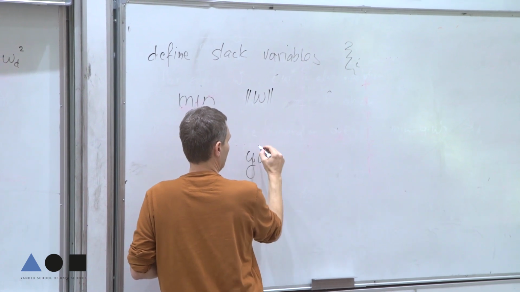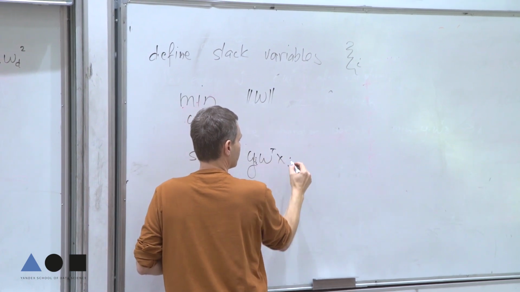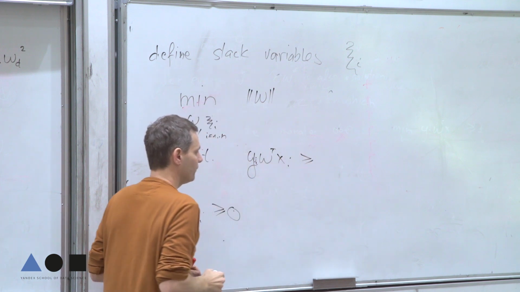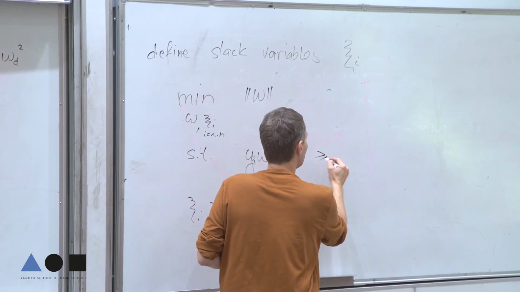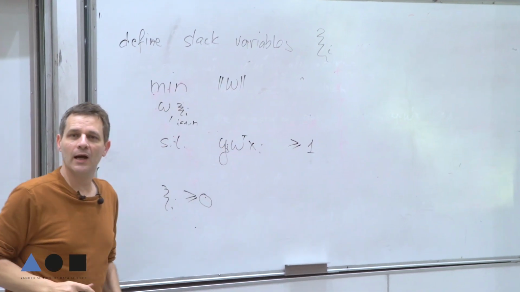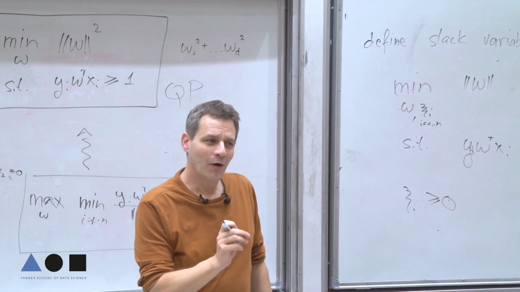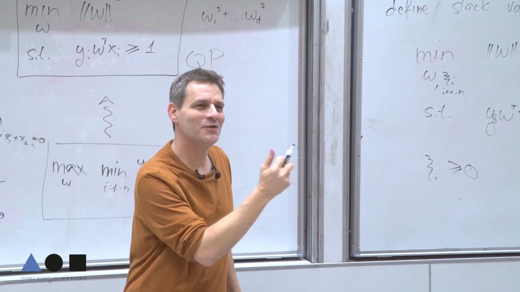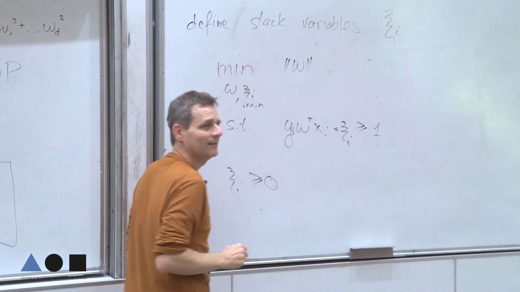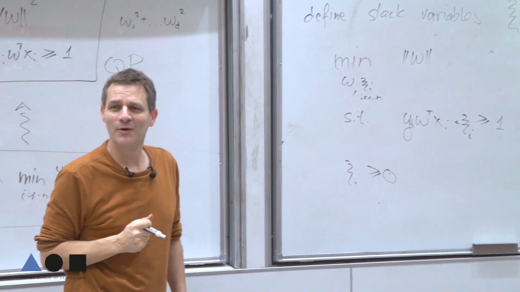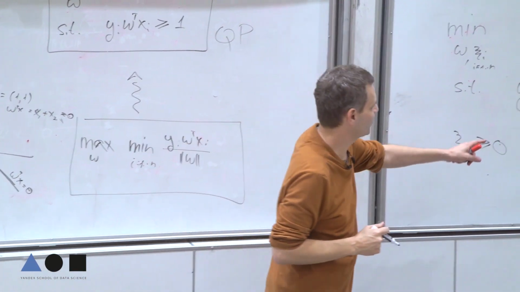we have y_i w transpose x_i. Now, remember, we wanted it to be larger than 1. But now we say, you know what? It's like a deal. Only for you, just today. We give you some slack. We're going to help you to be larger than 1.